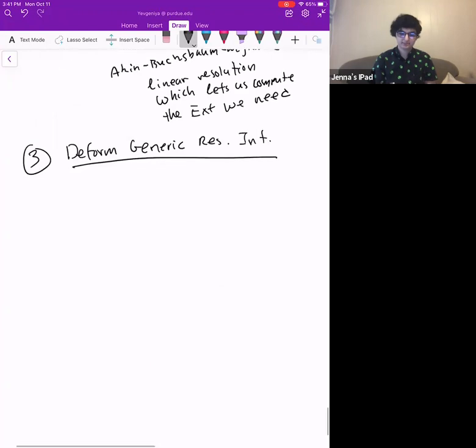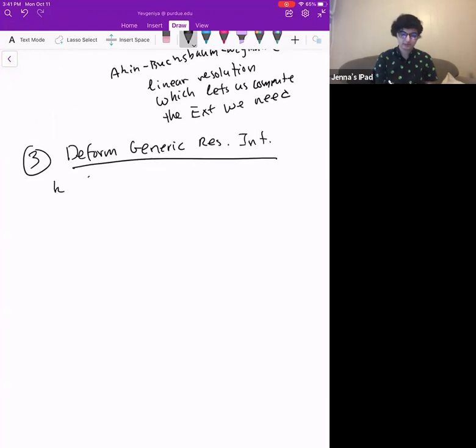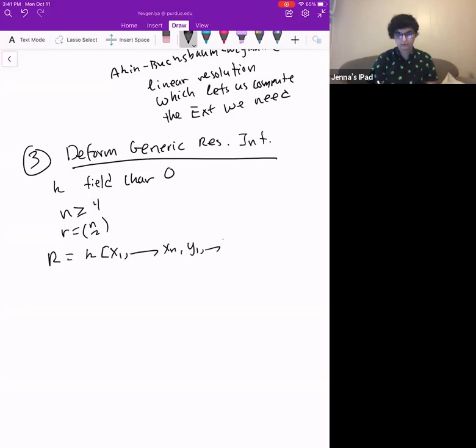So again, we're going to have to set up our setting. So K is going to be a field of characteristic 0. n is going to be greater than or equal to 4. r is going to be n choose 2. R is going to be K[x1 through xn, y1 through yn, z1 through zn].